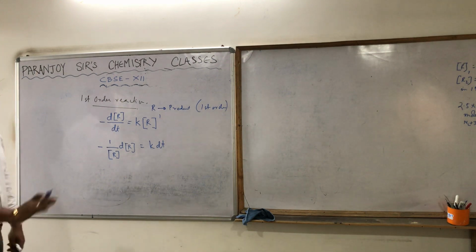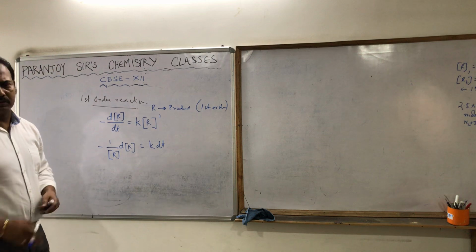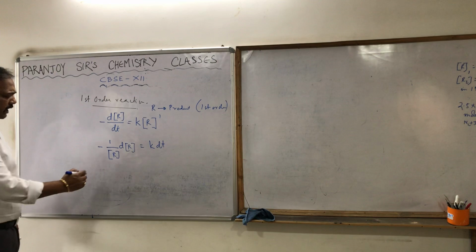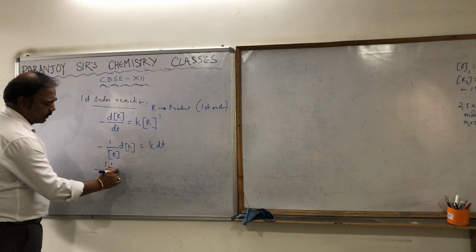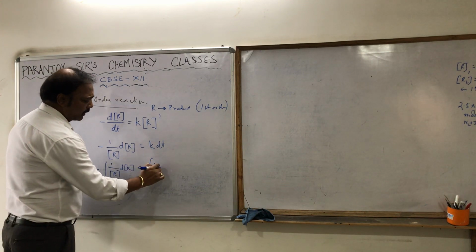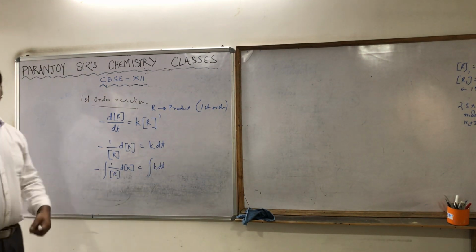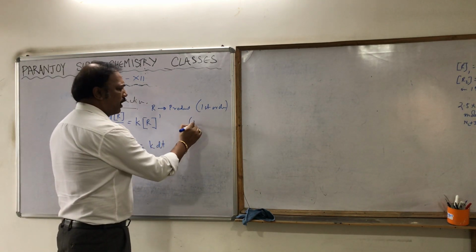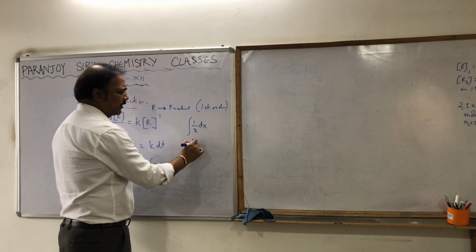Now integrating both sides. As I told you, do it with me and practice. Integrating both sides, we get minus the integration of 1 by R dR equal to the integration of K dt. Now we must know that the integration of 1 by x dx equals ln x.